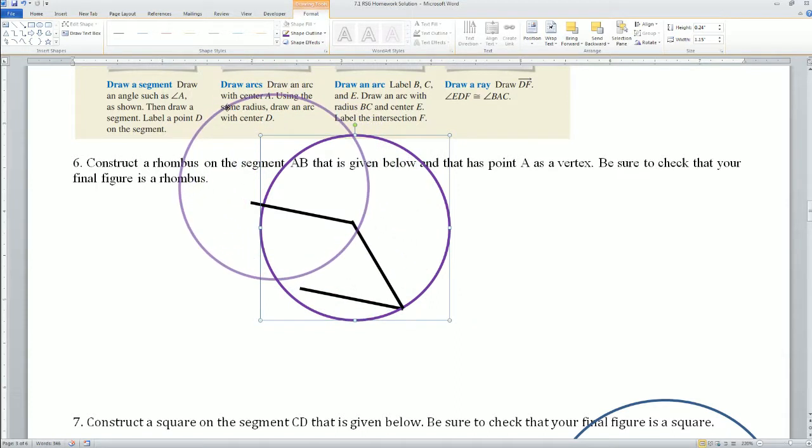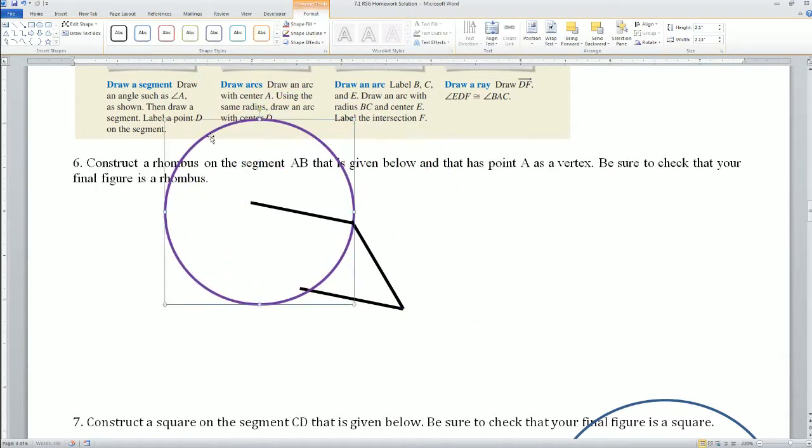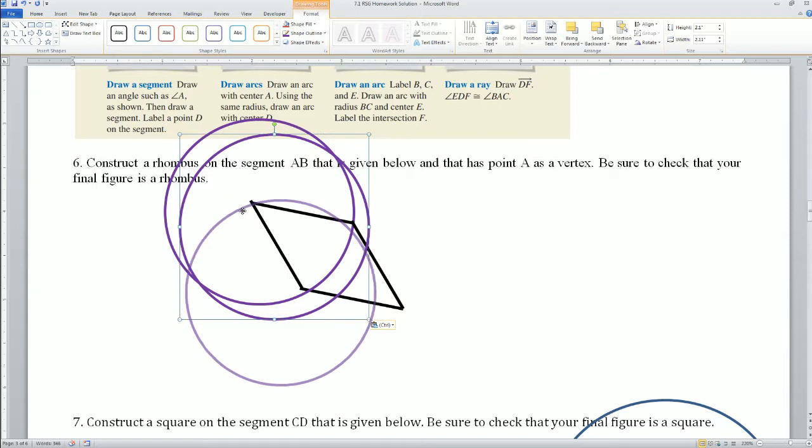Alright, so boom, there you go. From here, I could also get another one. So, it should look like this. That would be your first circle that's creating these two radiuses.